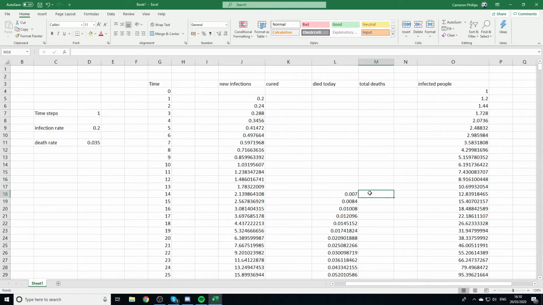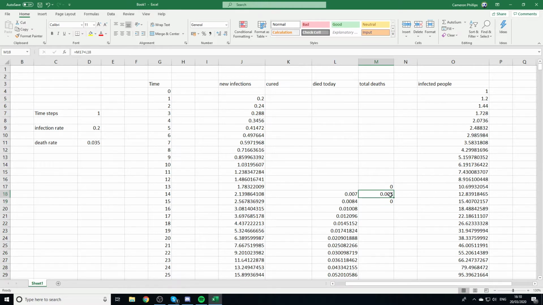So that's how many people die in that day, and then we need to look at total deaths. Well, we're going to start at 0, and we're going to put equals. We're going to look at that total there, and we're going to add how many people died today.